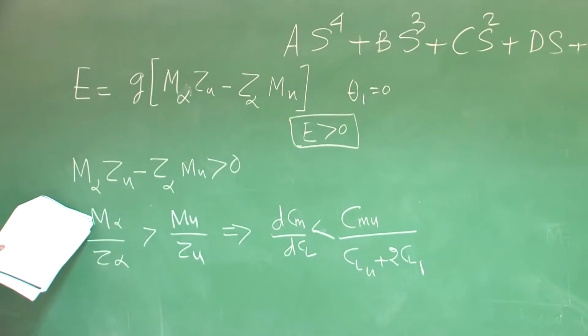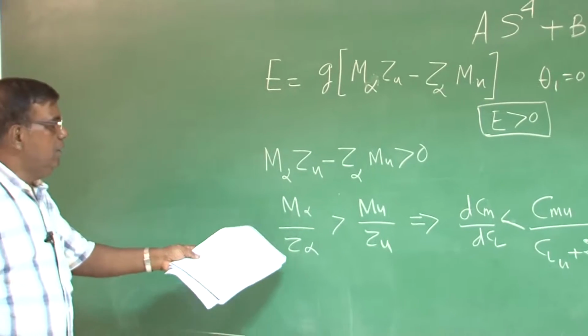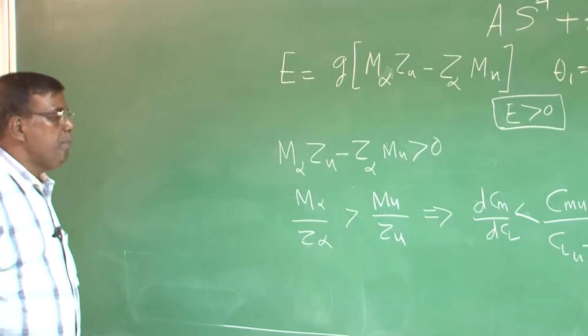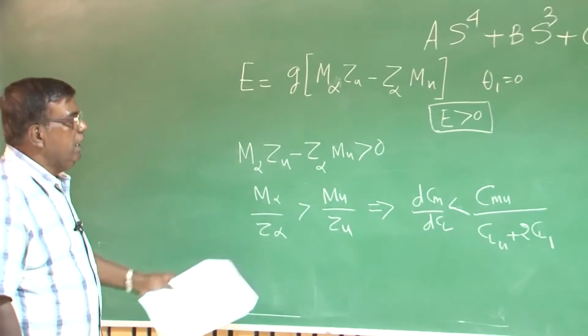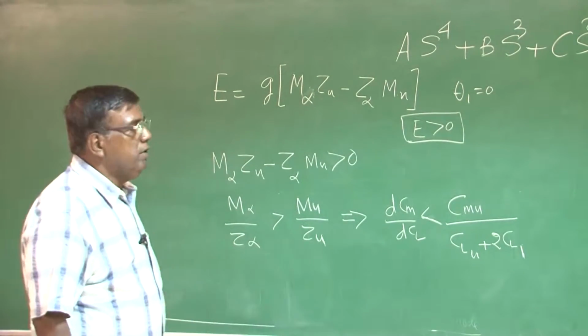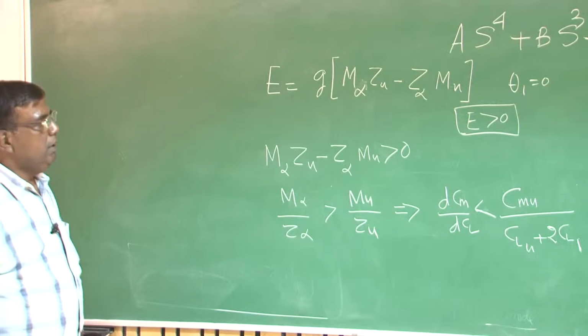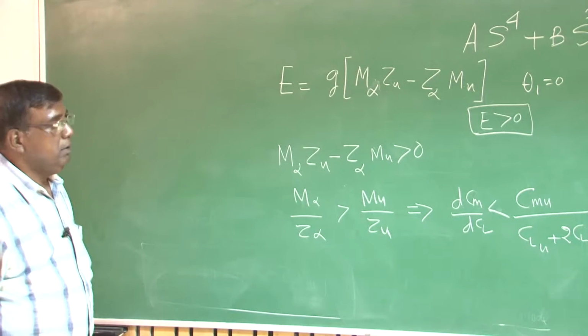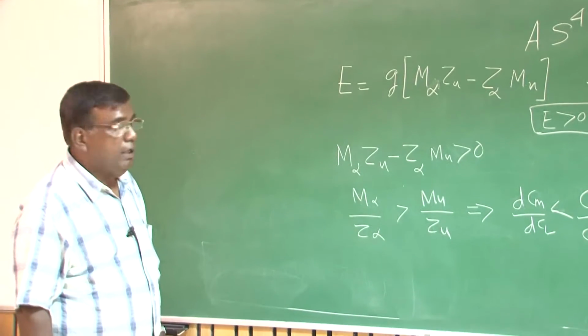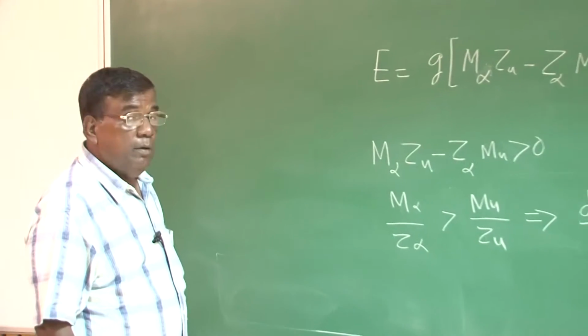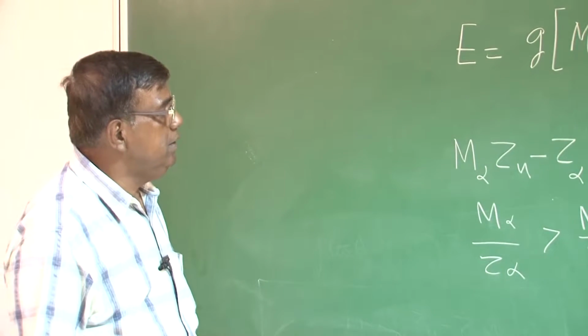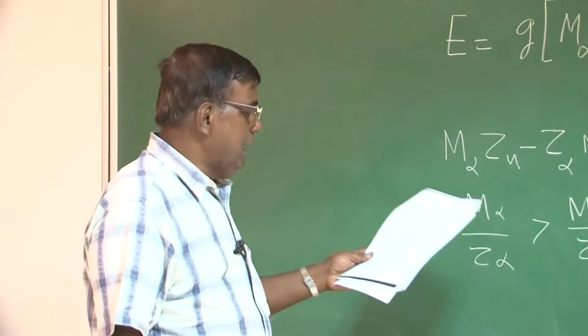You have to simply mechanically substitute the expressions of m alpha, Z alpha, mu and Zu, and from there you can derive this. Please derive it yourself. If you have some difficulty, you can go back to my last course on static stability of the aircraft. There also we derived this, but I am sure it does not take extra effort to do all these things.